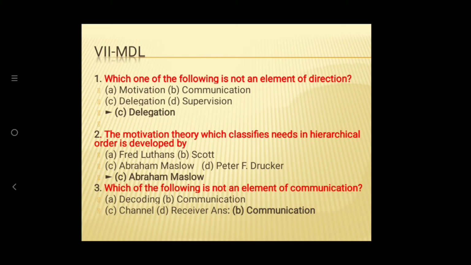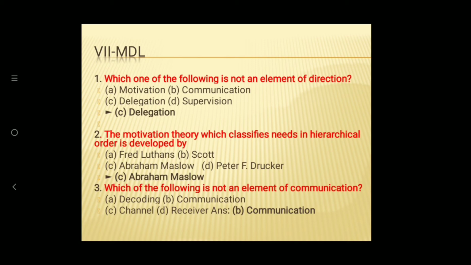The motivation theory, which classifies needs in a hierarchical order, is developed by Fred Luthans, Scott, Abraham Maslow, Peter F. Drucker. Option C, Abraham Maslow. Which of the following is not an element of communication? Option A, decoding, B, communication, C, channel, D, receiver.